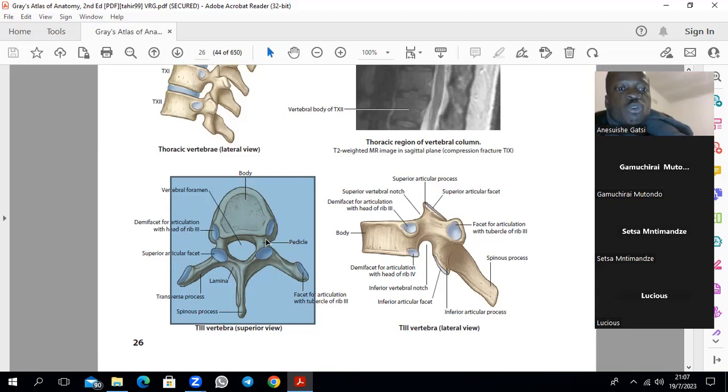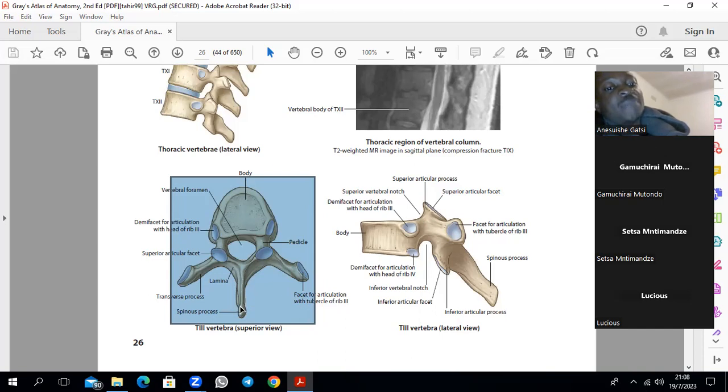So where pedicle meets lamina, I still have a transverse process. But this time around, the transverse process does not have an opening within it. Only cervical vertebrae have a foramen transversarium. Remember the point I was giving you in the previous lecture. So there is no opening within the transverse process of your thoracic vertebra. Then this is the spinous process.